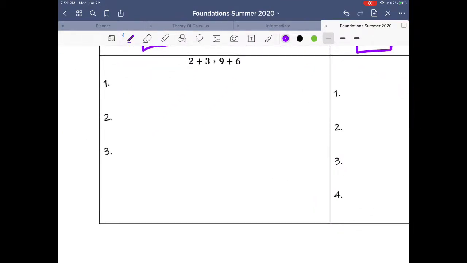Okay, this one's nice and short. We have these groups separated by plus signs. So we need to deal with the groups before we add. That's what PEMDAS shows us in its memory device. I'm going to rewrite.